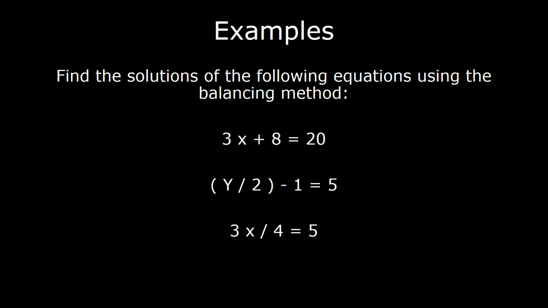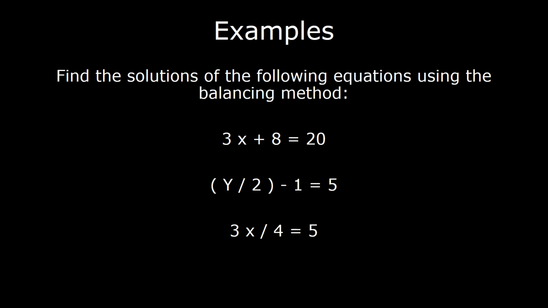So after subtracting 8 from both sides, we have changed 3x plus 8 equals to 20 to 3x equals to 12. So the equation looks different, but at the core of it, it is still the same.